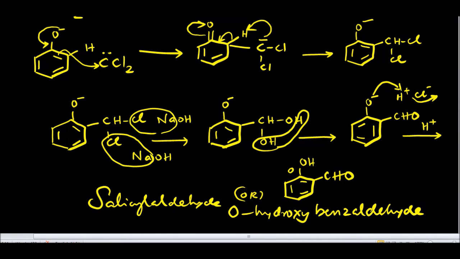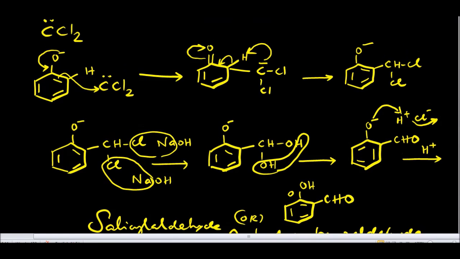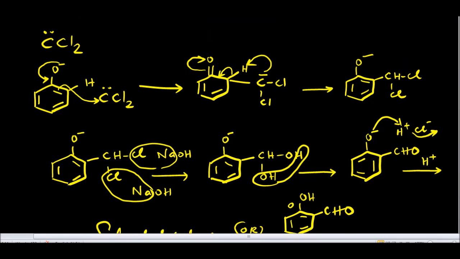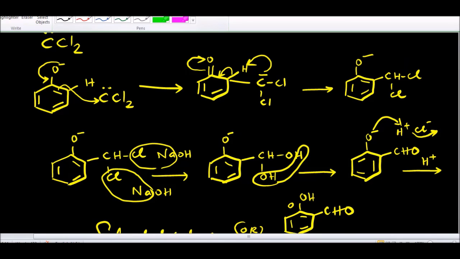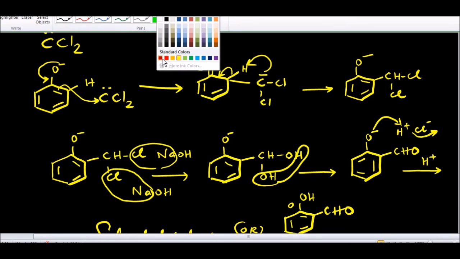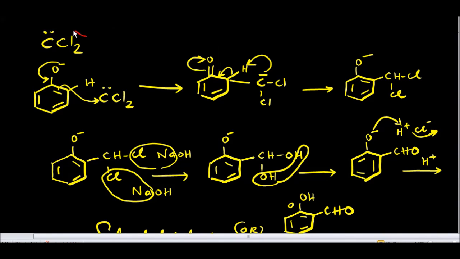So the reaction mechanism can be followed in the easiest way. Just a glance, just see here the dichlorocarbene intermediate, which behaves like an electrophile and gets the electron from the benzene ring. As the oxygen is giving an electron, this pair of electrons is available for CCl2.